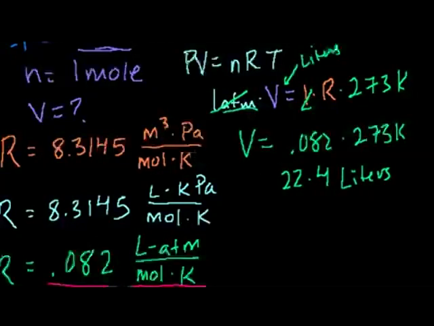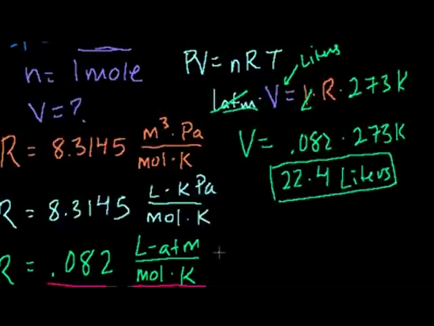So if I have any ideal gas, and all gases don't behave ideally, but if I have an ideal gas at standard temperature, which is 0 degrees Celsius, the freezing point of water, also 273 degrees Kelvin, and I have a mole of it at standard pressure, 1 atmosphere, that gas should take up 22.4 liters.